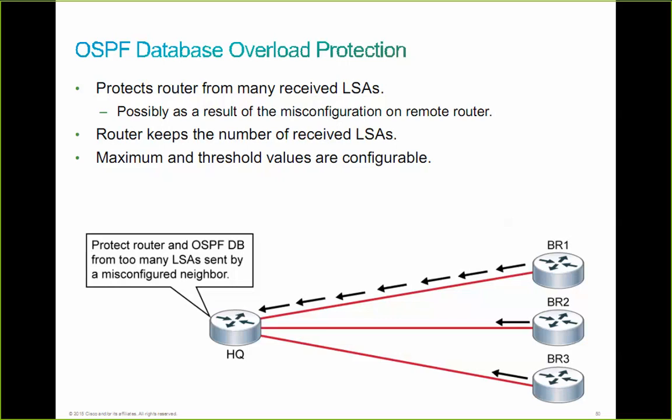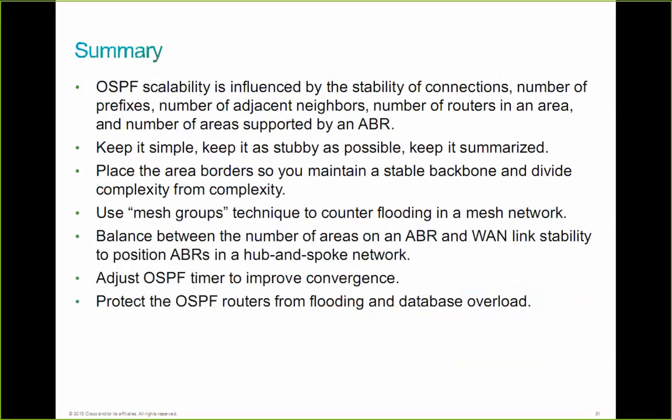I would only consider doing it if you run into a situation where you see a router causing this problem and you want to ensure protection against that in the future. Okay? All righty.